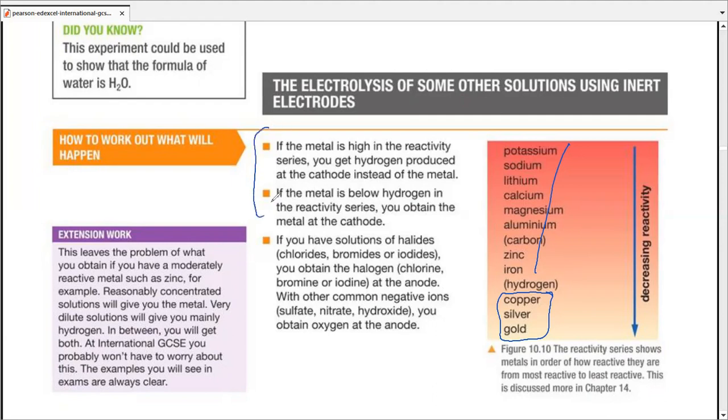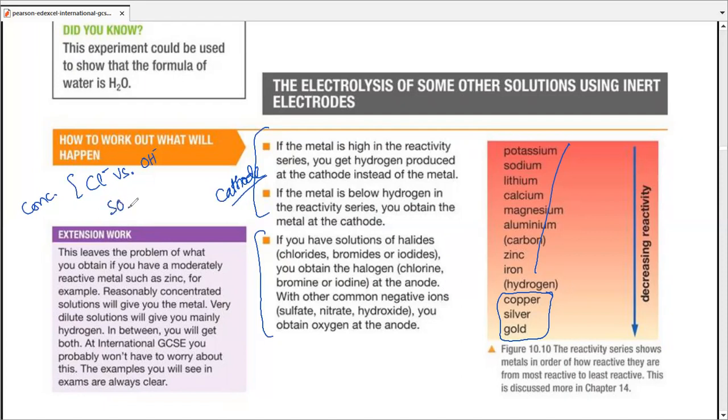So these 2 points actually concern the product at cathode or cations. This concerns anions. Anions are still a little confusing. When we talked about chloride versus OH, we talked about concentration, how concentrated or dilute a solution is matters.